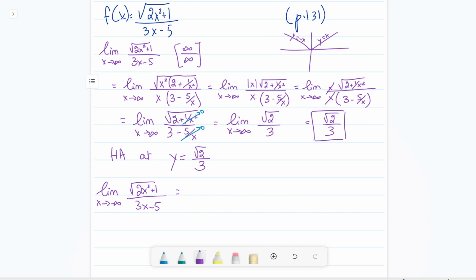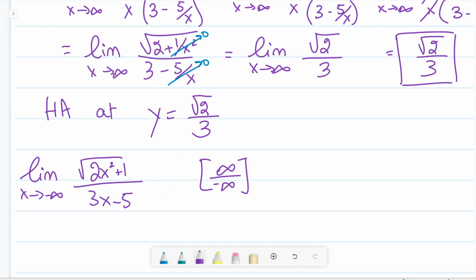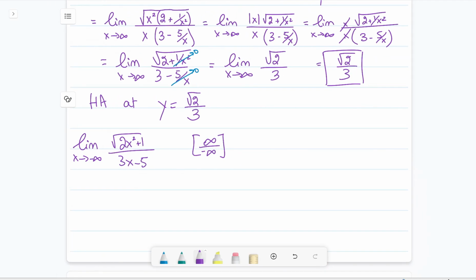Again, if we plug in negative infinity, we would get in the numerator negative infinity squared, so it's infinity, divided by in the denominator negative infinity times 3, so it stays negative infinity minus 5, it's negative infinity. So we would get infinity over negative infinity. Now, given that we got infinity over negative infinity, we can factor out the largest factor of x.